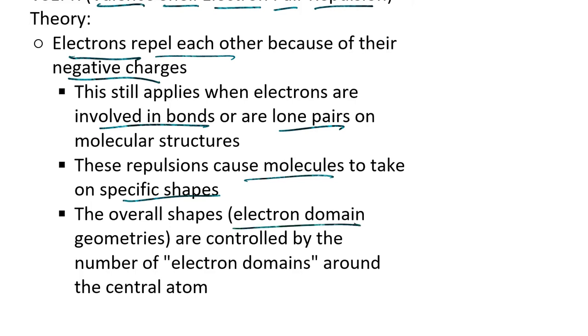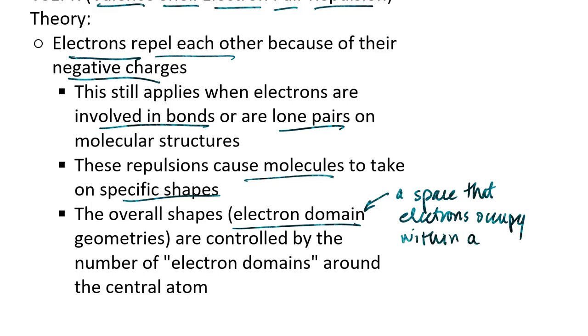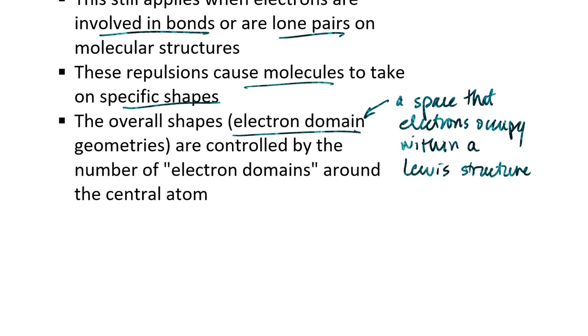And electron domains, what I mean by that very simply, is a space that electrons occupy within a Lewis structure. So basically, electron domains can be either bonds of all varieties, single bonds or multiple bonds, and they can also be lone pairs as well.